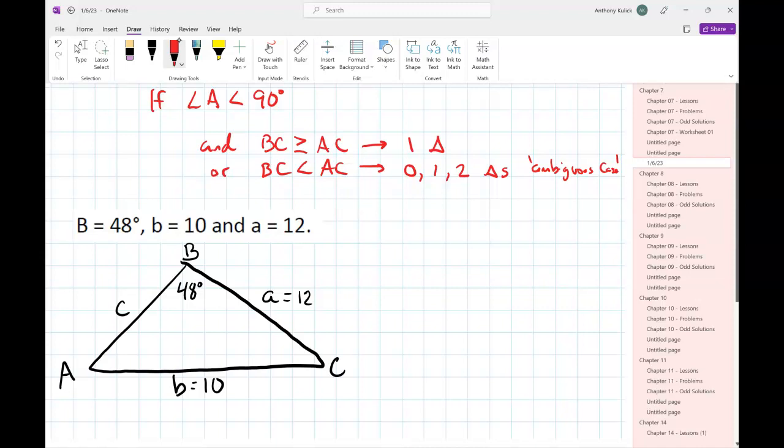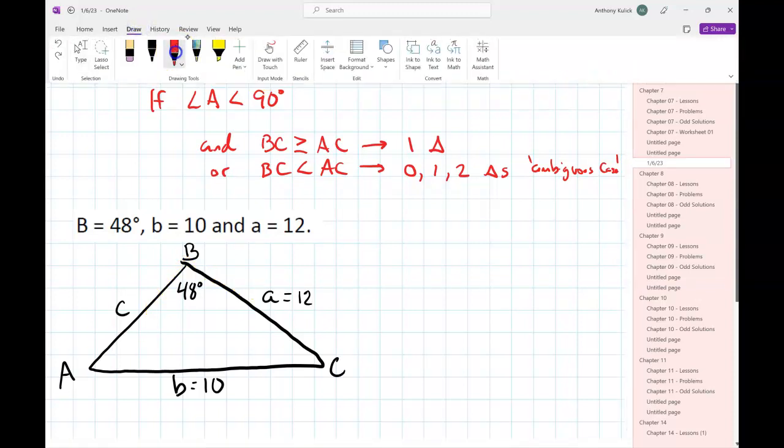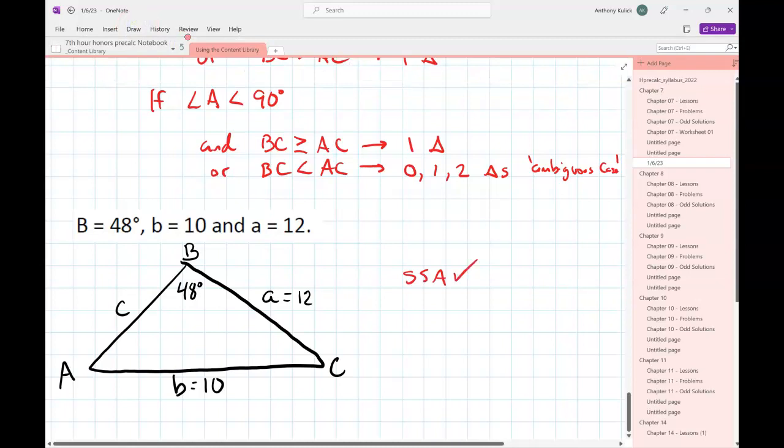Now that I've done this, I should check to see if this is SSA or side angle side, right? Everybody agree? The way we check that is we look at the angle. Do the two sides that are given make up the arms of the angle? No. That's the side angle side situation if it was. Here we have side side angle, since the two givens are not the arms of our angle. Everybody's okay with that? Okay. So it is SSA.